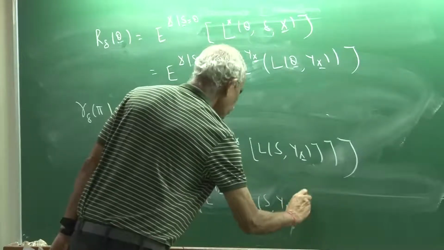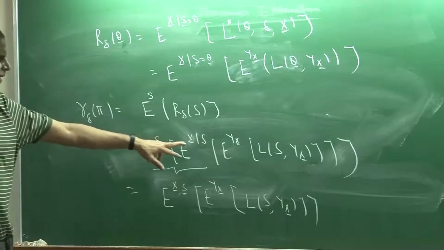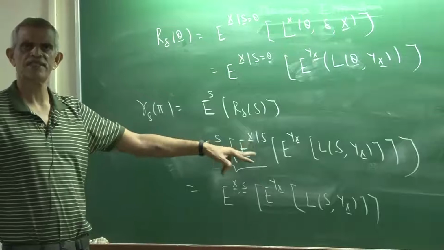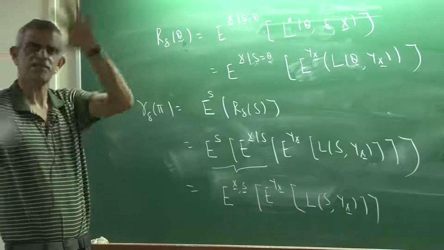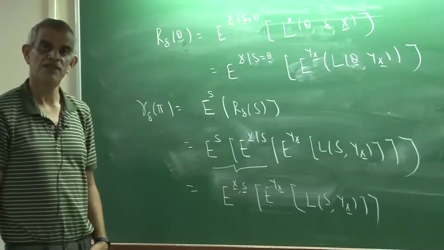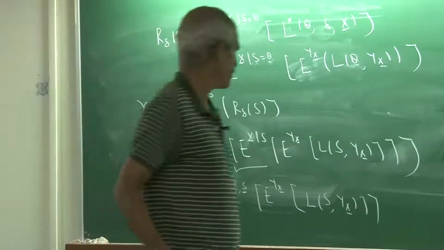So what I'm trying to do basically is change the order of integrations, and take out the expectation with respect to the marginal of X as the outermost expectation. Then the inner expectation I try to minimize for every value of the random variable capital X, which is the data. That is exactly what I'm trying to do.